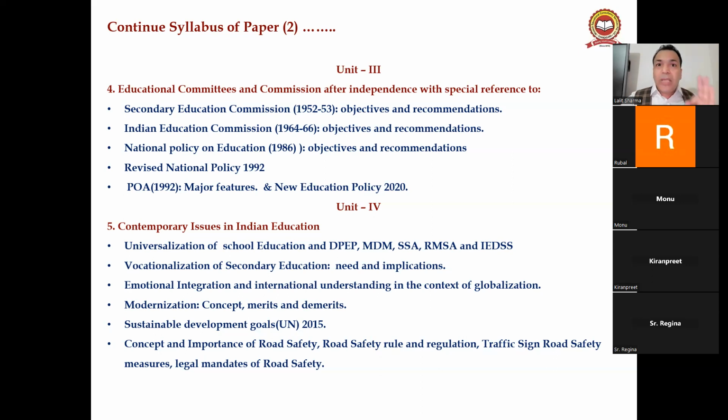This is also called the Mudaliar Commission. Mudaliar is the name of the person. He was the Vice Chancellor of Madras University at that time. In 52-53 when he gave this commission, we will discuss in detail. I am just briefing so that things are clear in your mind.